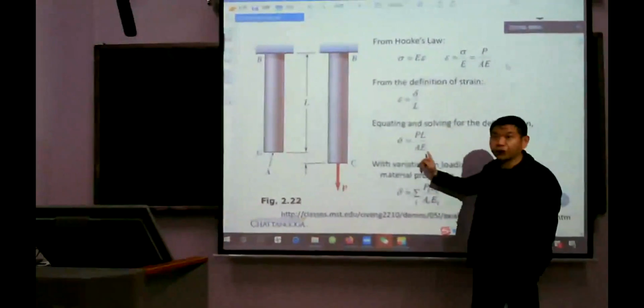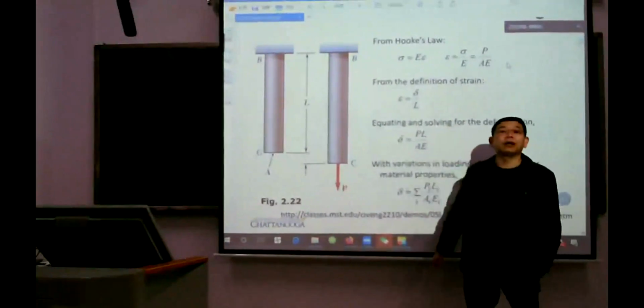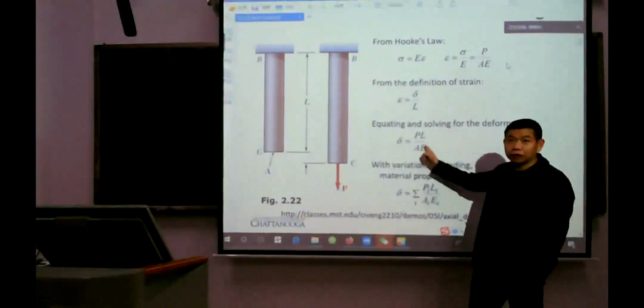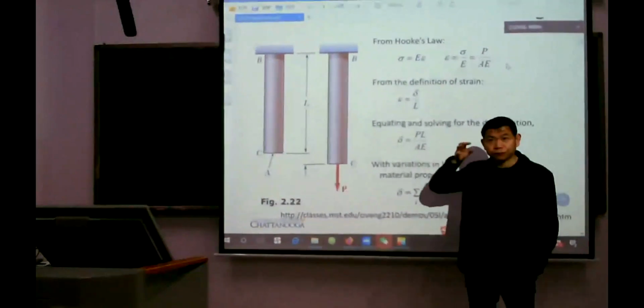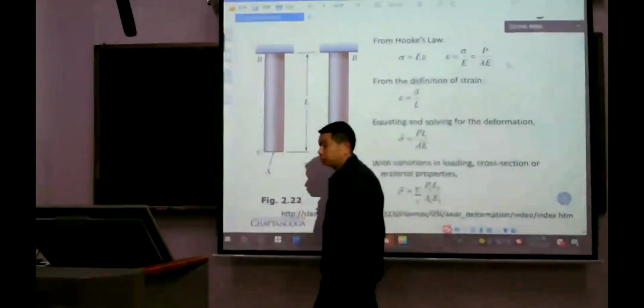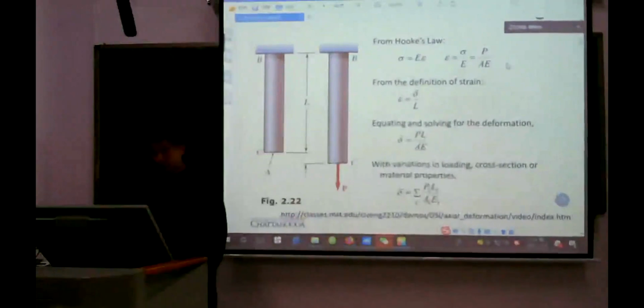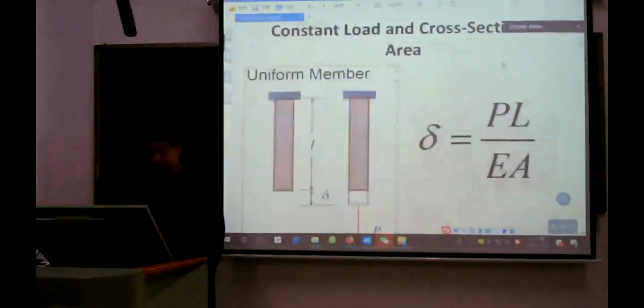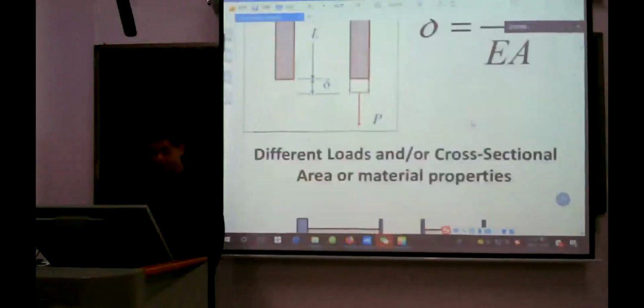It's the property of the material. We get E from experiment. So it's an easy formula.